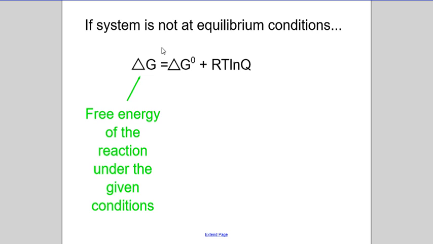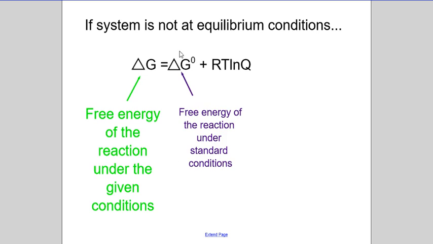But since we're not at equilibrium, this right here and this right here have to add up to what the normal delta G is, so free energy under the given conditions.